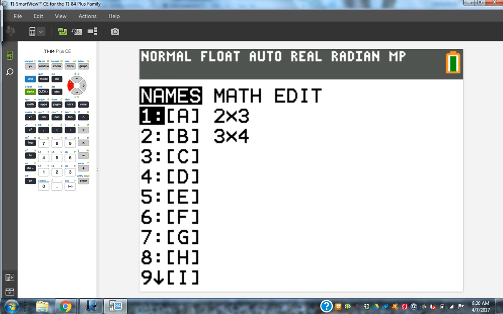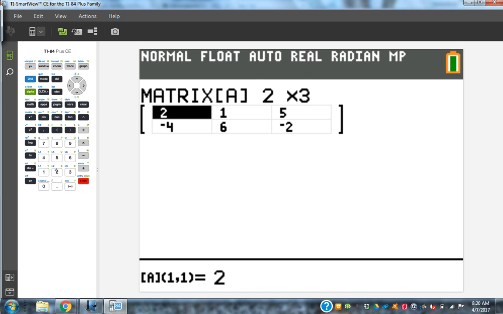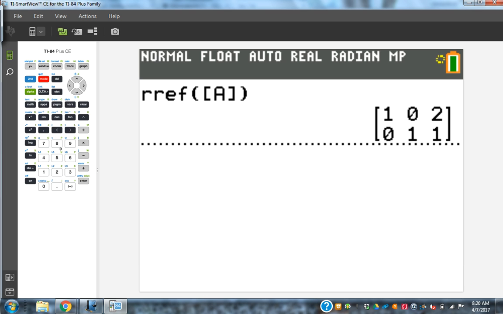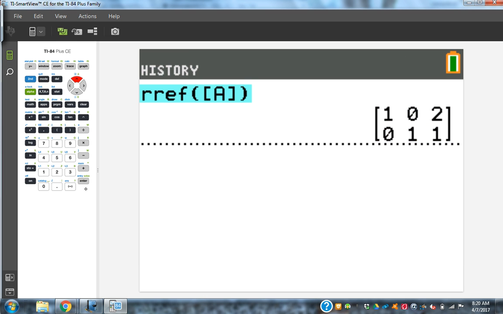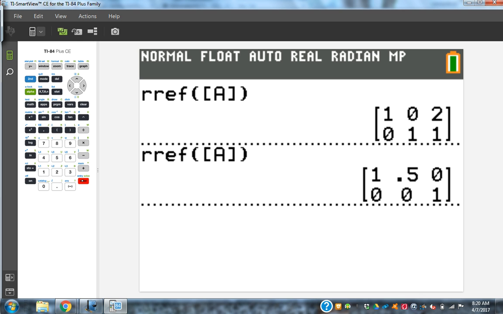Edit. 2 by 3. 2, 1, 5. And then we have a positive 4, 2, 8. Good thing about using the same matrix call there, you can go back and get that.